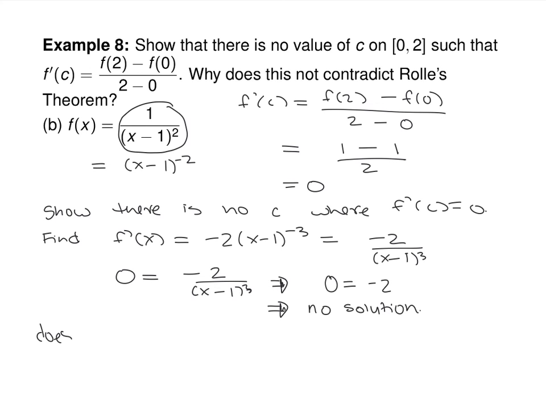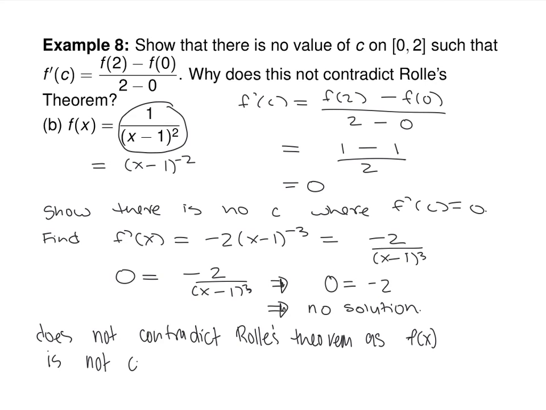Why does this not contradict Rolle's theorem? What's not true about f of x? Which of the three hypotheses of Rolle's theorem didn't hold here?